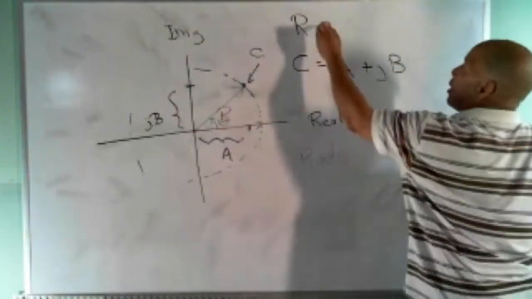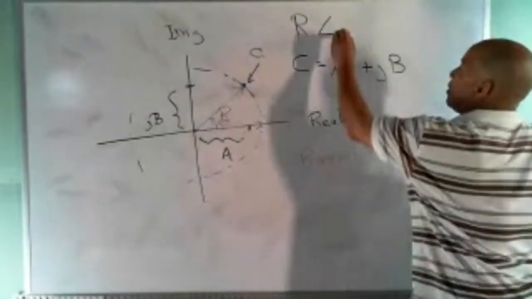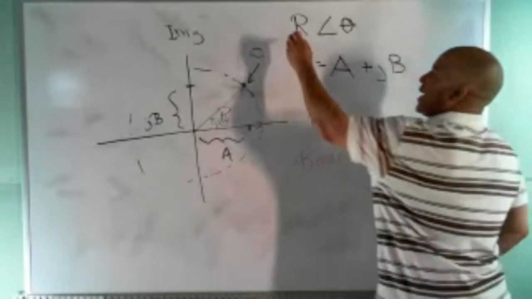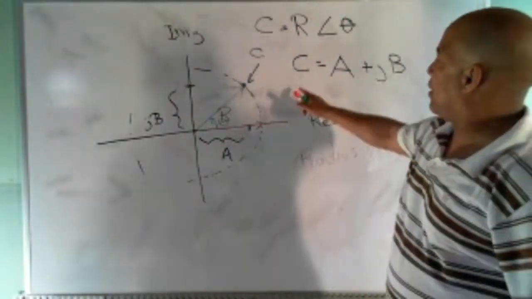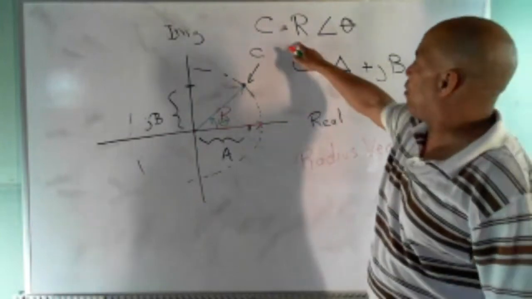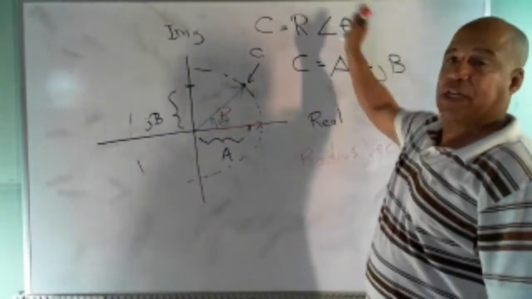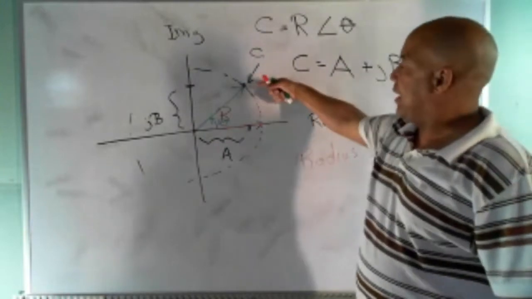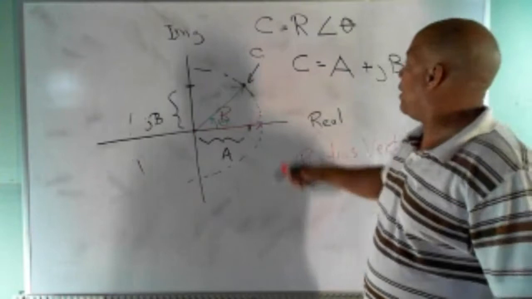So it's going to be r at an angle of theta. So I can actually get to C that way. I can go over and up, or I can go out the radius vector, and you tell me how many degrees up or down to move that radius vector. If I'm pointing at that point C, then that's a complex number.